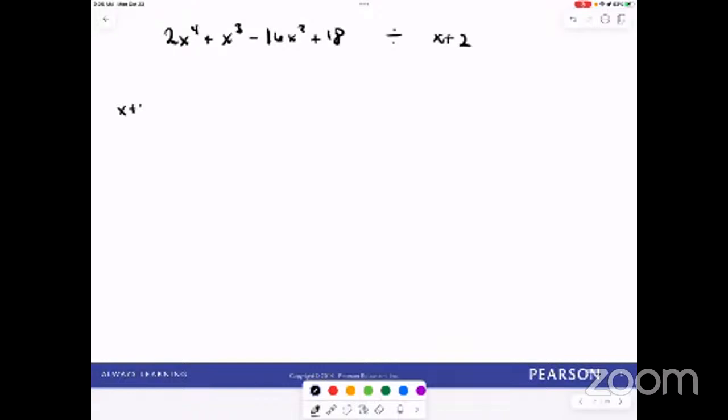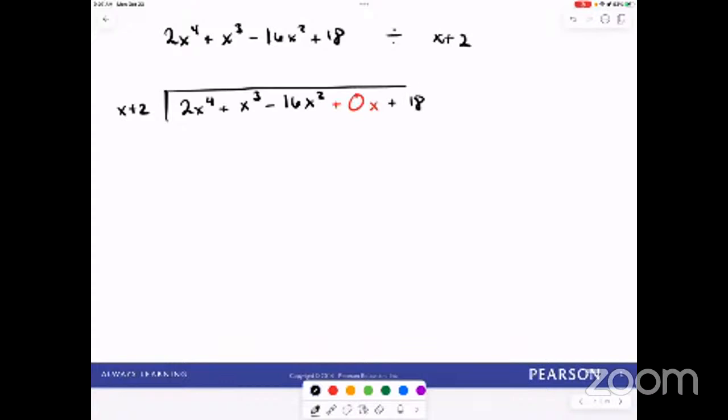We're dividing into 2x to the 4 plus x to the power of 3 minus 16x squared. Again, we're missing x to the power of 1, so we're going to say plus 0x. You don't have to write the 1, obviously. The 0x is our placeholder, and then we say plus 18.